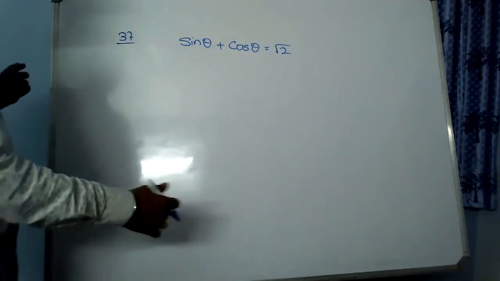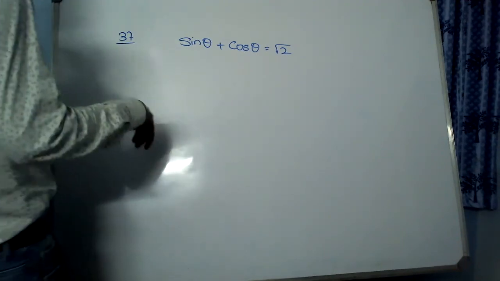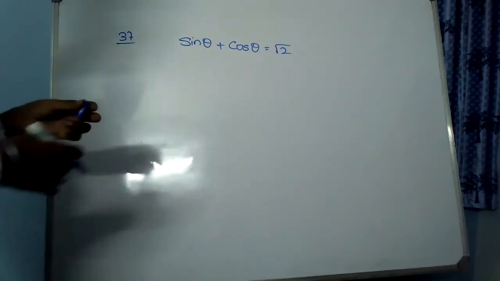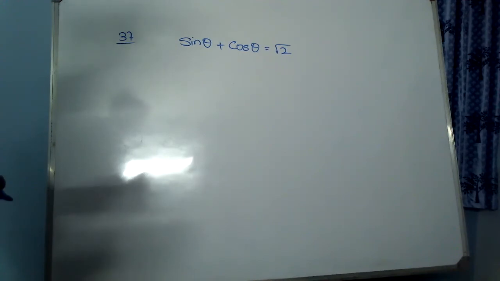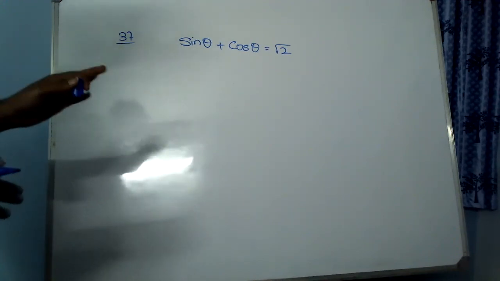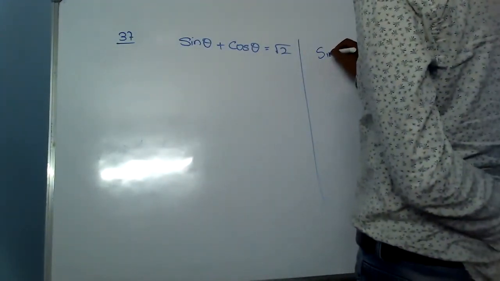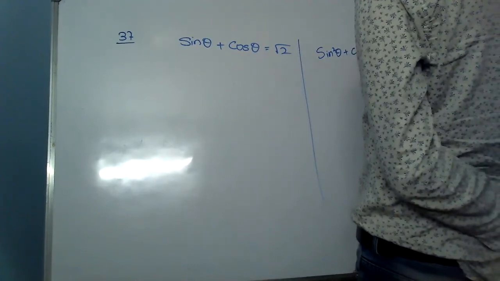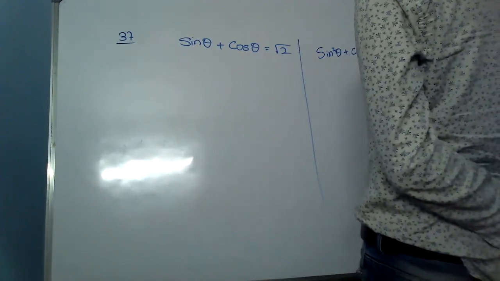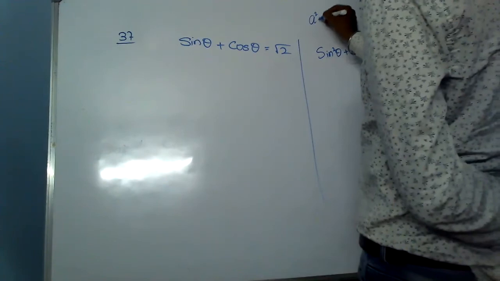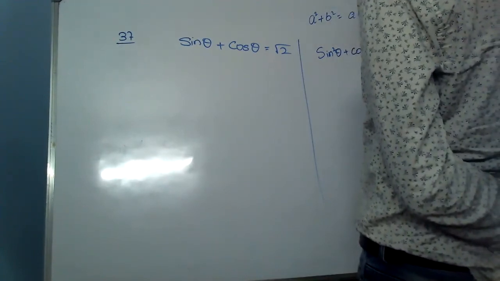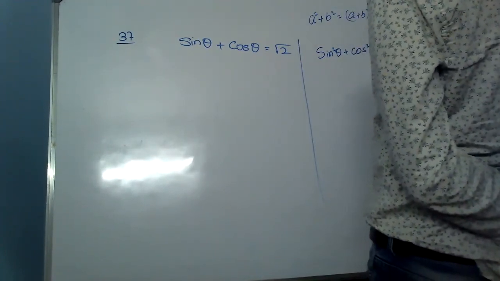Okay, so you know sine square theta plus cos square theta equal to 1. That's gonna be a lengthy process. Let me do it this side. Initially I've written the formula, if you remember, a square plus b square is equal to a plus b whole square minus 2ab.